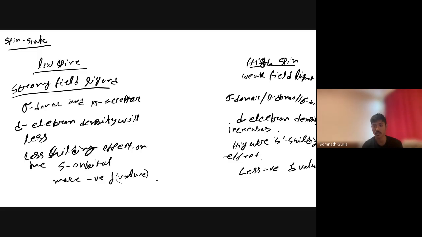In that case, my psi zero square value will be lower, and we will get a lower negative value. So the low spin complex gets a higher negative value, and the high spin complex gets a lower negative value. That means the high spin complex will appear in a relatively more positive direction than the low spin one.